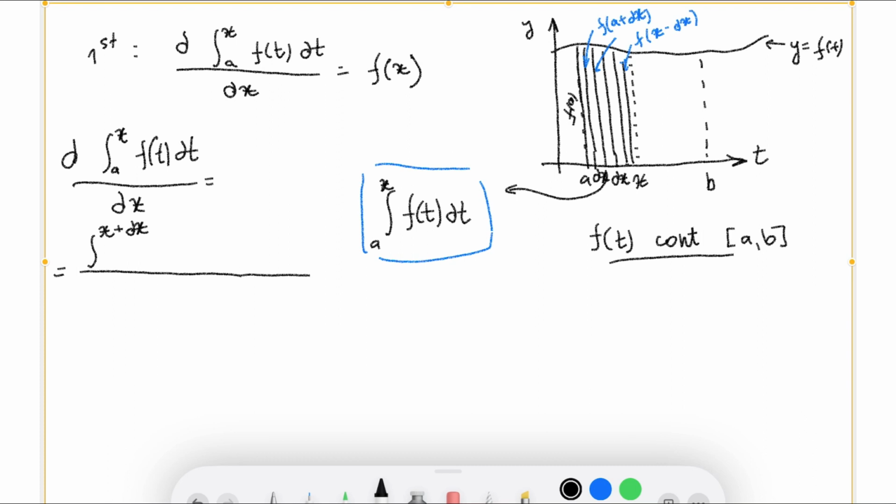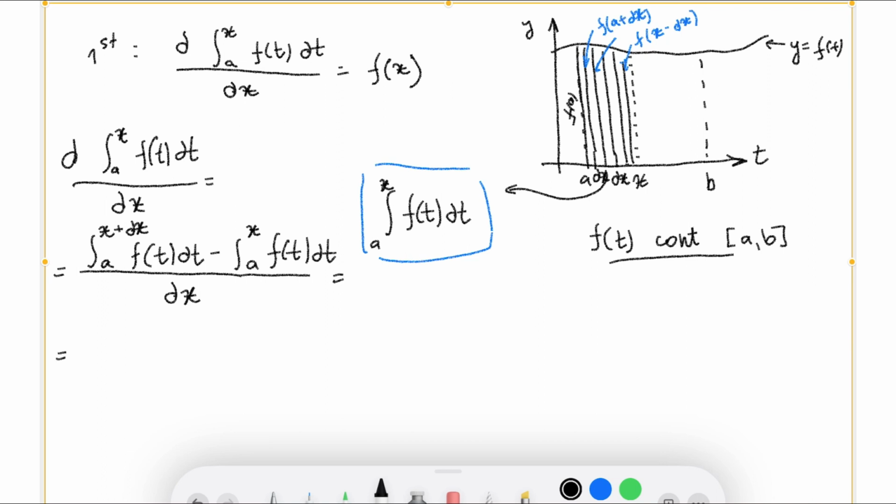So we have the integral from a to x plus dx of f(t) dt, from which we subtract our initial integral, divided by dx.